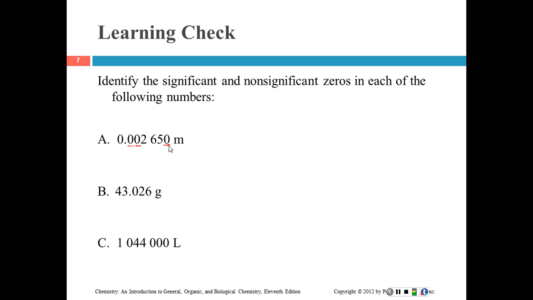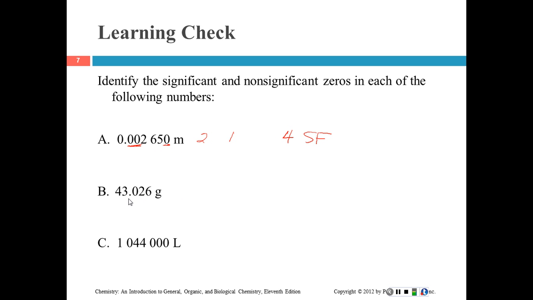It is, okay, because it's to the right of that decimal place, and so it's not necessary to hold a place. So this particular number would have two insignificant zeros, one significant zero, and how many overall sig figs would it have? 1, 2, 3, 4 significant figures, right?